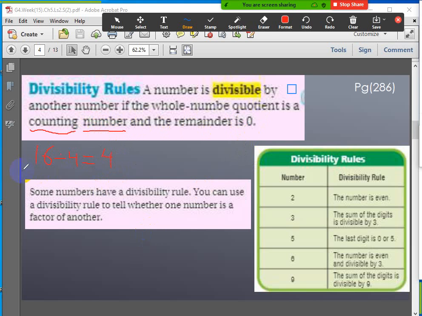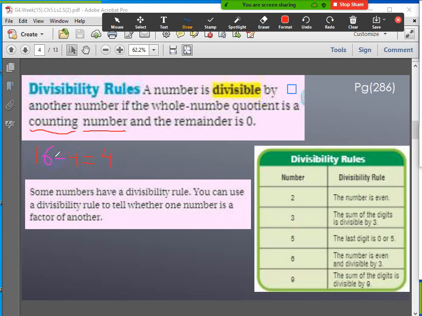So when I don't have any remainder and the quotient is a counting number, I will say that 16 is divisible by 4.